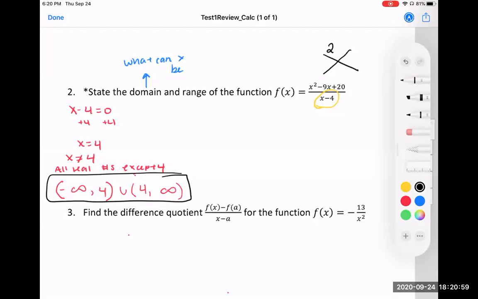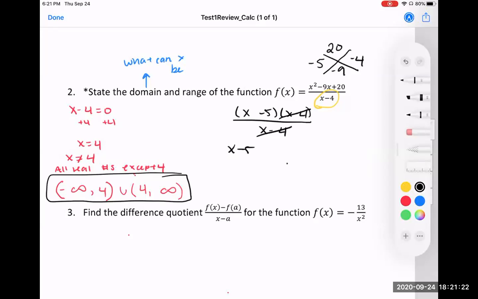So what numbers multiply to give us 20 and add to give us -9? -5 and -4. So this factors to be x minus 5 times x minus 4. And that x minus 4 expression divides to make 1.